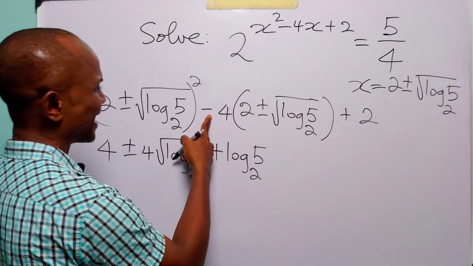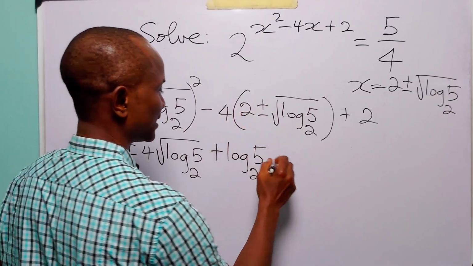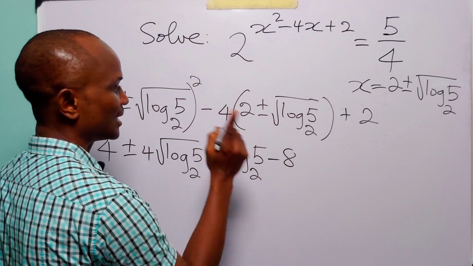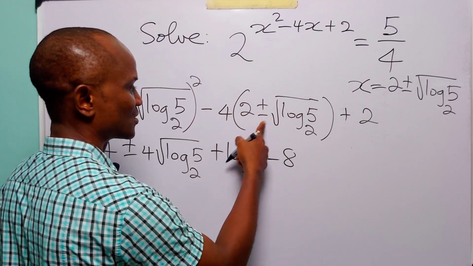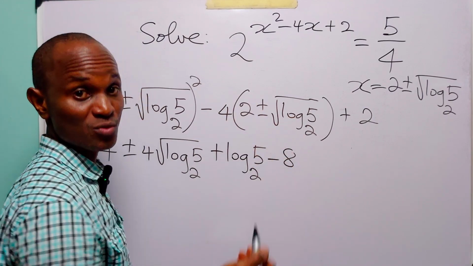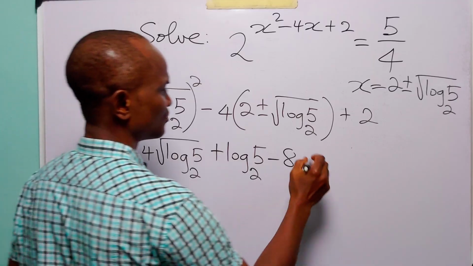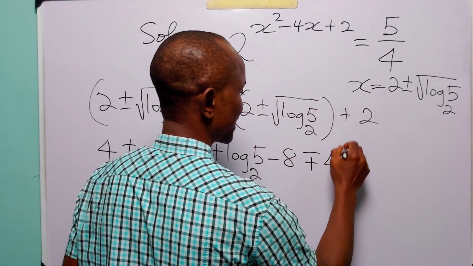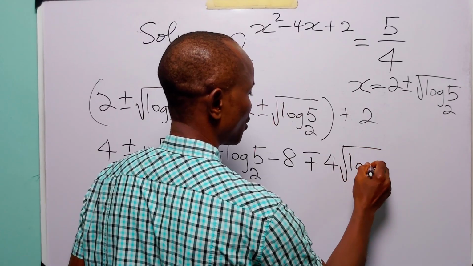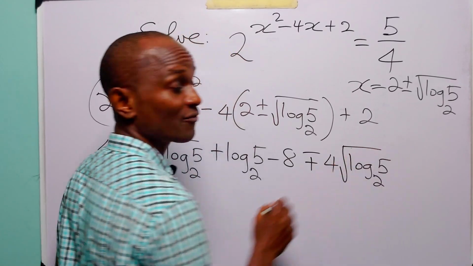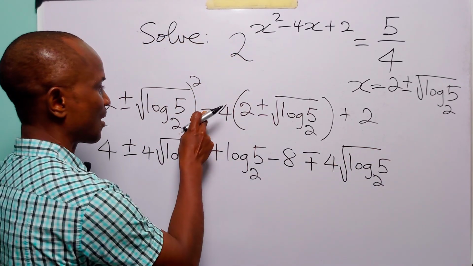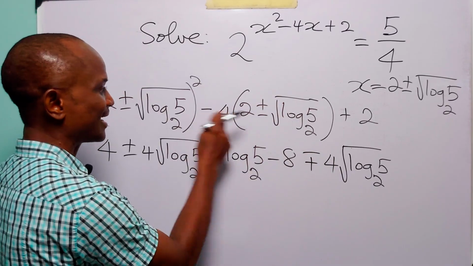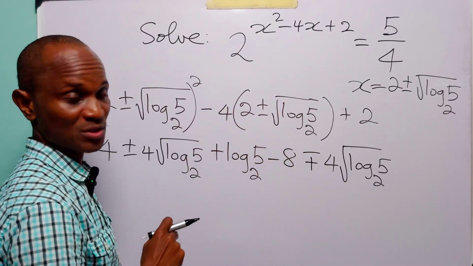Now here we have minus 4 times 2. That is minus 8. And we have minus 4 times plus or minus the square root of log to base 2 of 5. That is going to be minus plus 4 times the square root of log to base 2 of 5, because you know that minus plus is minus and minus minus is plus.